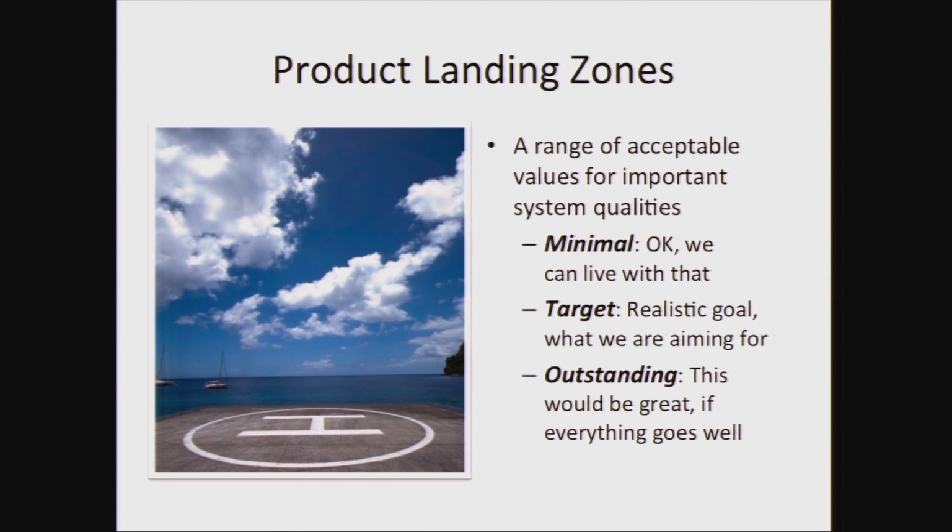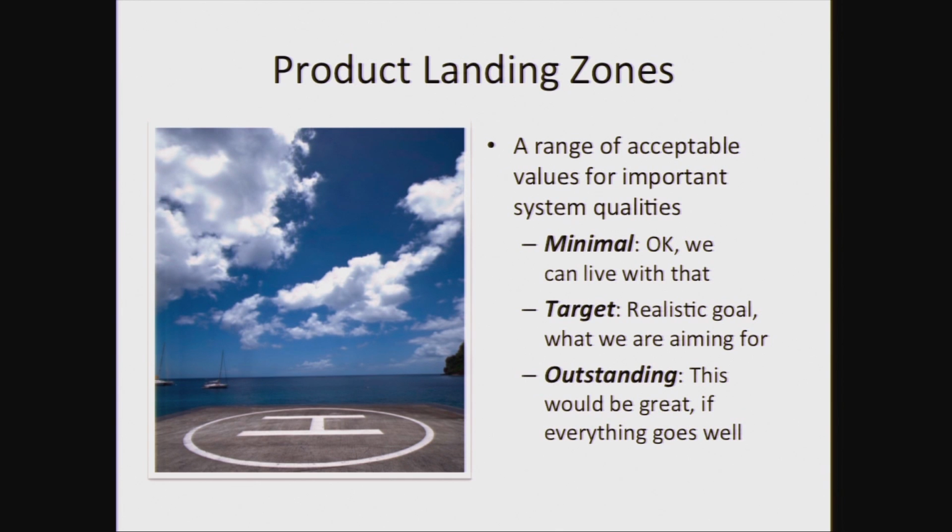A landing zone can have a range of values. Think of it as a dashboard for project management as well as architects, if it has architecturally relevant values in there, that you can monitor and see as you're going along how we are achieving what we set out to.